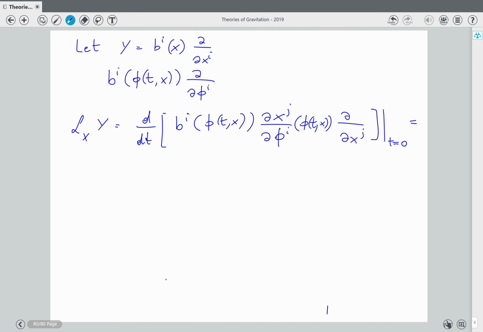So the first contribution, the derivative of b_i, will be partial b_i, partial phi_k, times partial phi_k, partial t. And then the rest is unchanged.